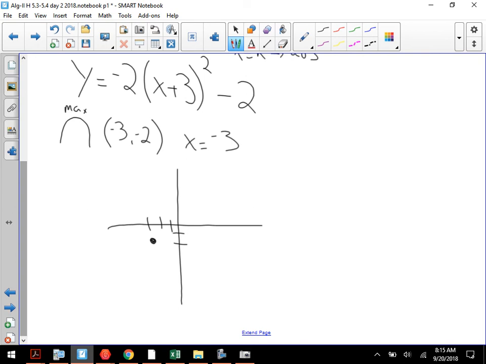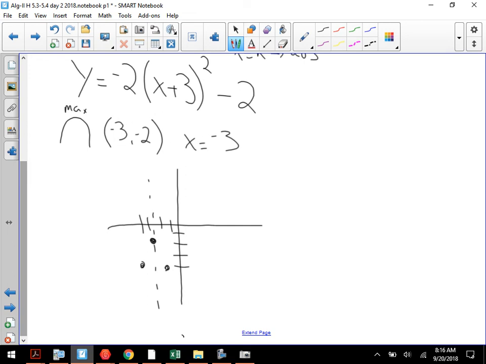Now it's just picking points. The next point to the right would be -2. What's -2 plus 3? 1. What's 1 squared? What's 1 times -2? What's -2 minus 2? See how easy this is now? And then that means it has to be here. And then if I use -1, what's -1 plus 3? 2 squared is 4 times -2 minus 2.